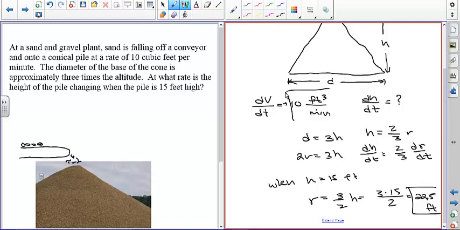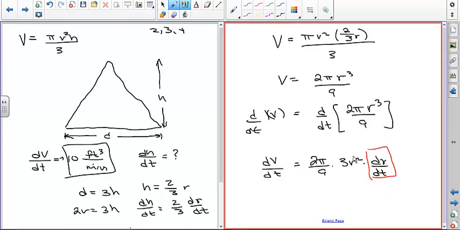This is my dv/dt. So all I have to do is solve for this. So if I solve for that, I'll get dr/dt is equal to, let's simplify that. So we'll multiply by 3/2. What I'm doing is I'm trying to solve for this. So I'm going to multiply by the reciprocal of that.